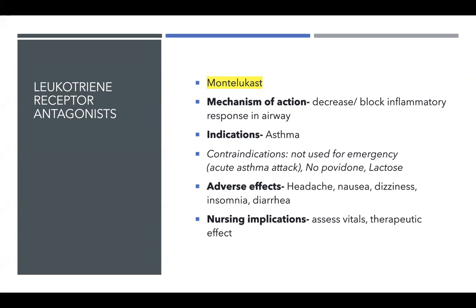And then you're not going to use it with povidone or lactose. So adverse effects are going to be headache, nausea, dizziness, insomnia, and diarrhea. And your implications are going to be assessing for vital signs and a therapeutic effect with it.